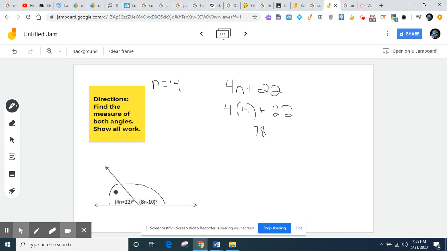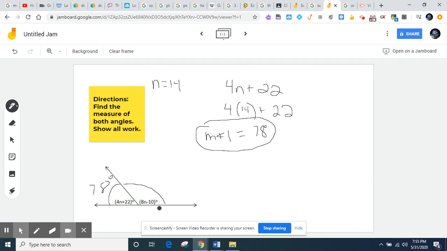So that means this first angle is going to measure 78 degrees. I'm just going to go ahead and write that in. Okay. I'll just label this with the measure of angle 1 equals 78 degrees. I'll go ahead and circle that. And then we have to find the measure of angle 2 now.